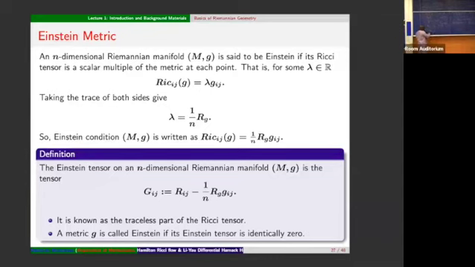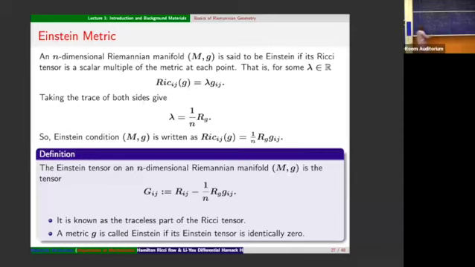Then from here, if you do the tracing, you get a scalar coefficient. You can do the tracing using g^ij, the inverse metric, on this quantity. So you do that, you get the scalar curvature here, and on this side you have n lambda.